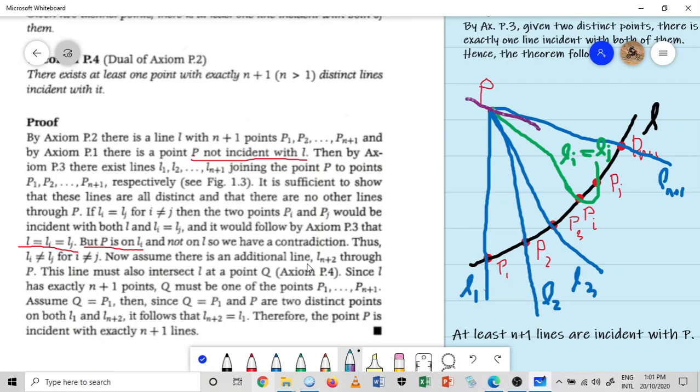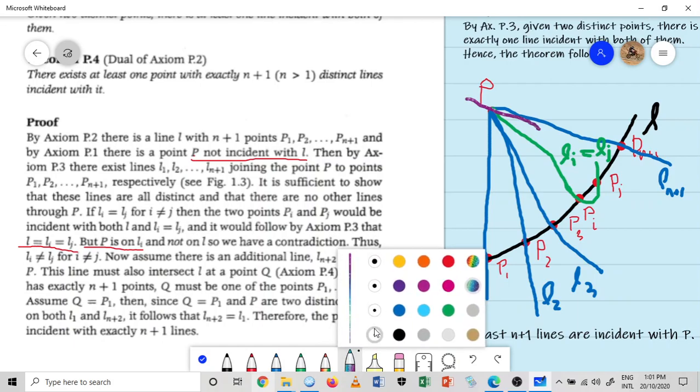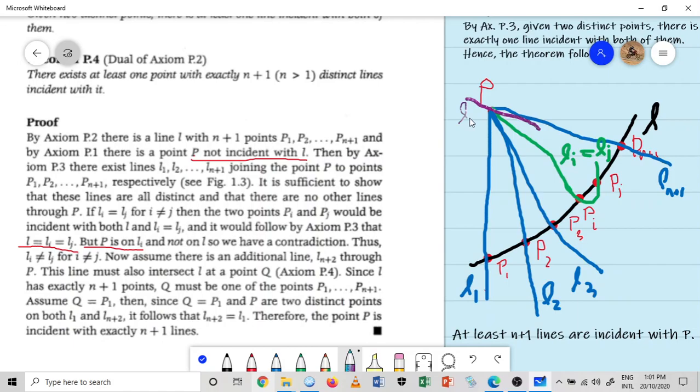Okay, it was named as L sub N plus 2. So this time there are more than N plus 1 lines.